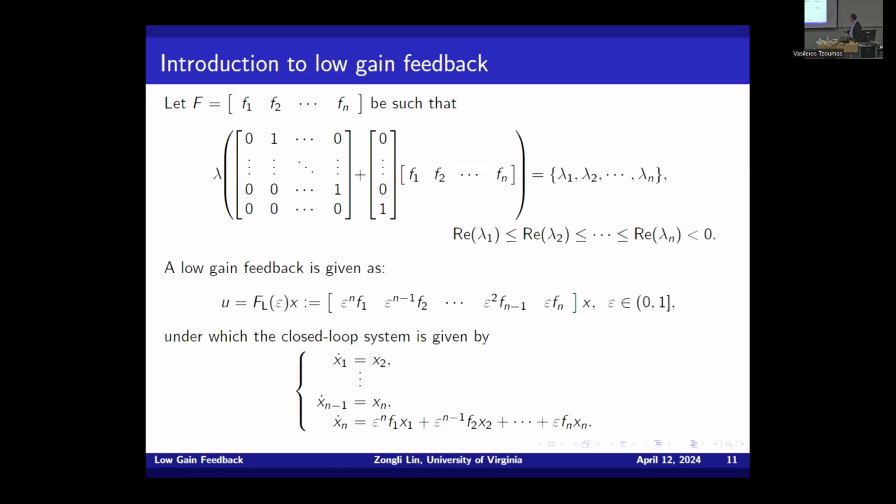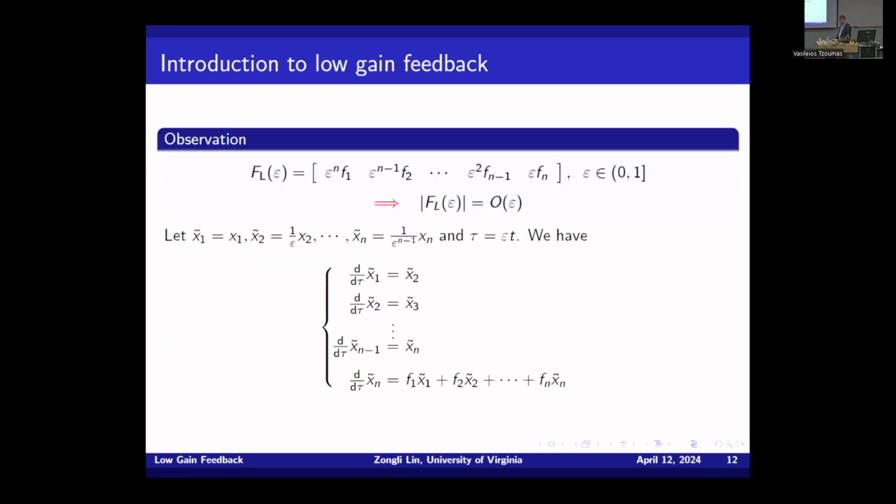With this low gain feedback, I will have a closed loop system like this. But again, what is the behavior of this? So that's why we carry out our powerful magic, right? The state transformation. One property here, for sure, is that the gain will be on the order of epsilon.